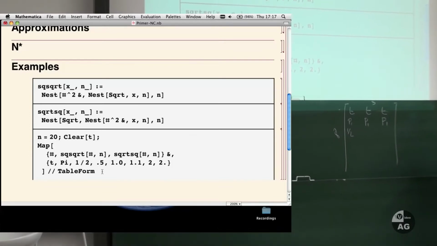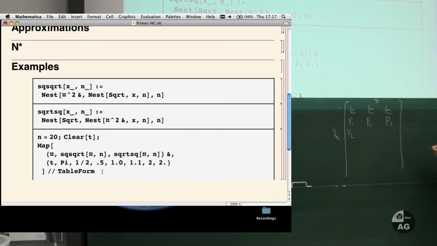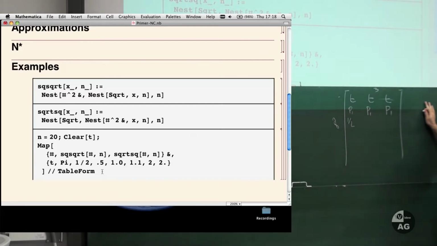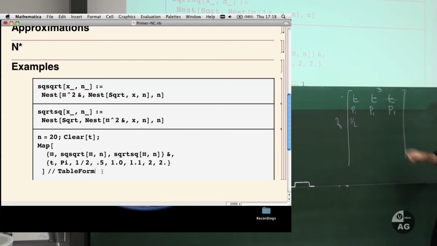I have seen there is a mistake already. Okay, how about here? One half. 1/2 here too?